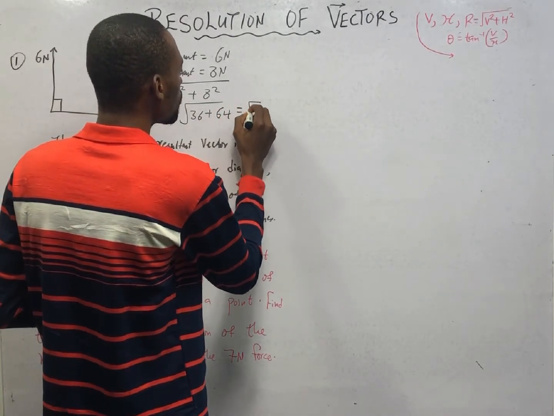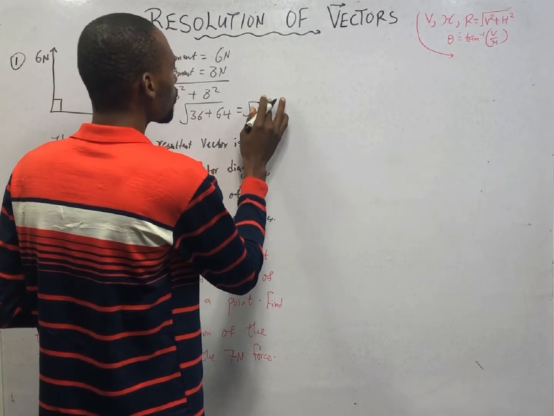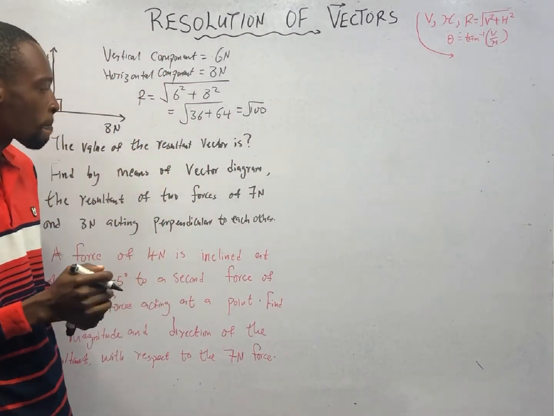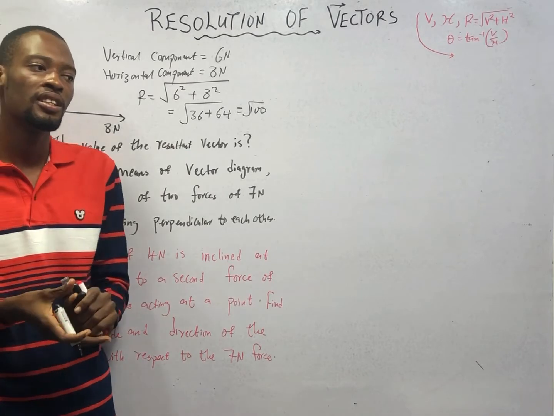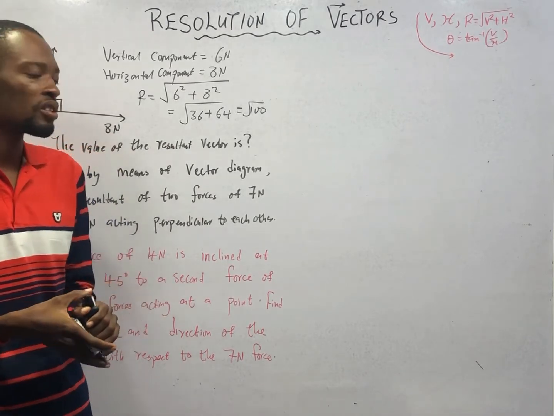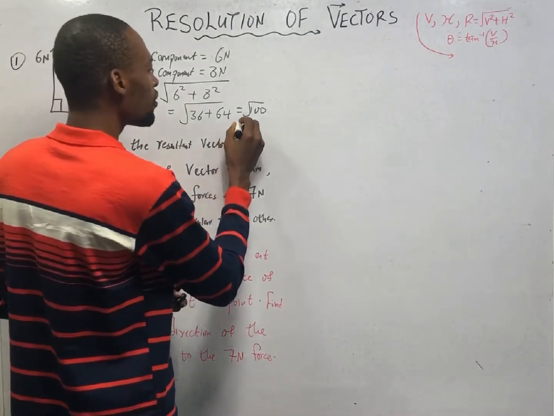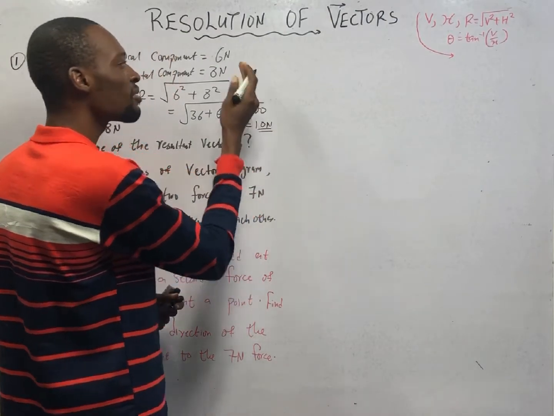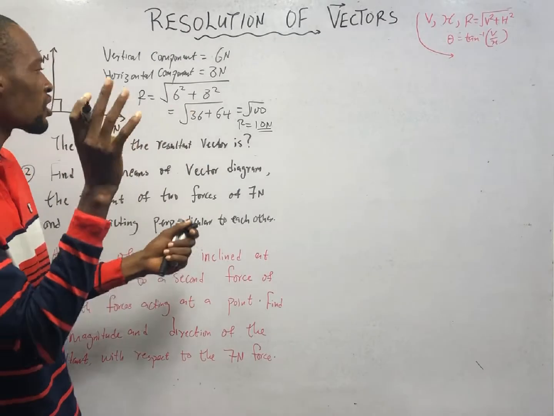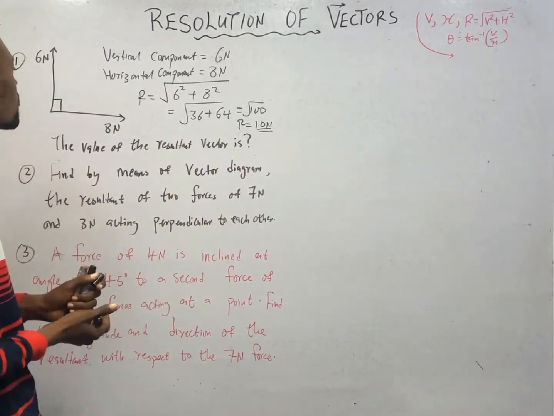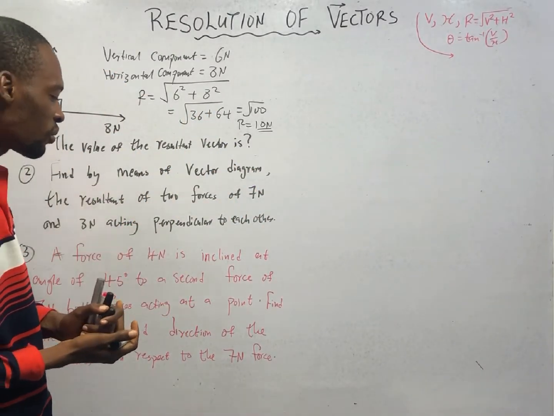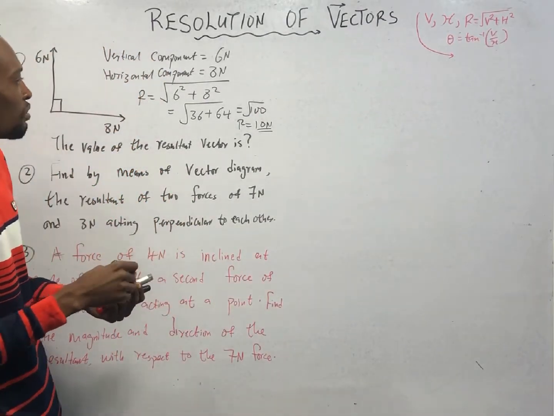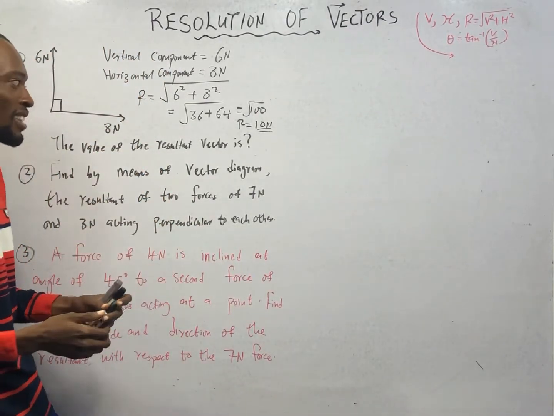So this will give you the square root of 36 plus 64. That is square root of 100. 10 times 10 is 100. Therefore, the square root of 100 is equals 10. So the resultant force, or one force that gives us the effect of the two forces, is 10 Newton. So we're asked for the value of the resultant, and we've given them the value of the resultant.